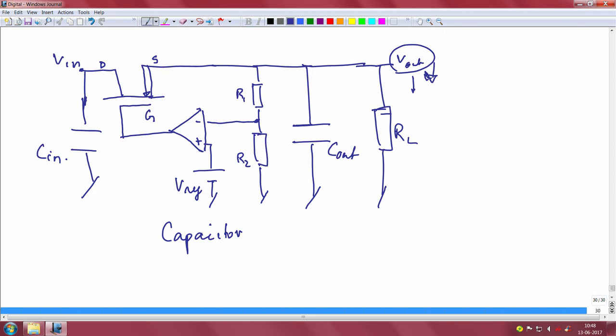Basically V out has to be always less than V in for an LDO, and you need a gate voltage VG greater than sometimes V out. Okay. How do you generate this situation?